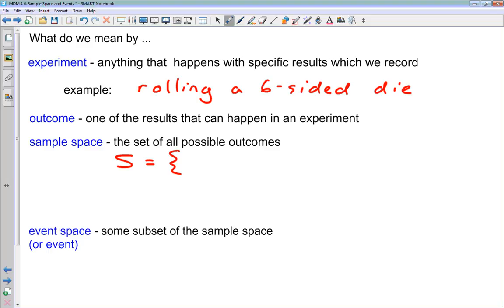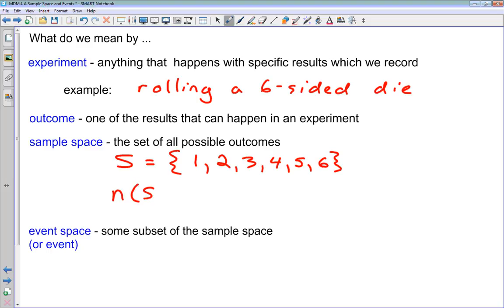Well, we can roll a 1, a 2, a 3, a 4, a 5, or a 6. So the outcomes are 1, 2, 3, 4, 5, and 6. So we've listed all of the possible outcomes in our set S that represents our sample space.